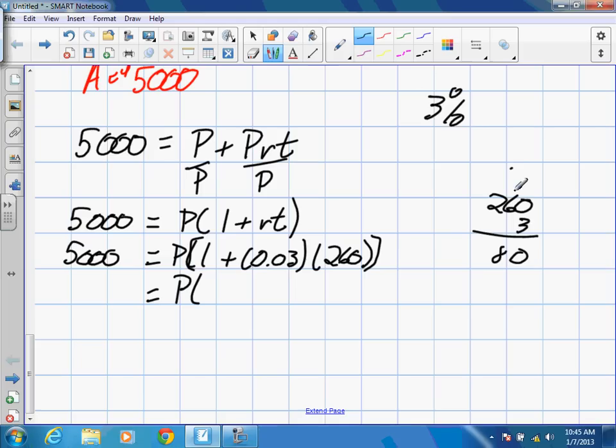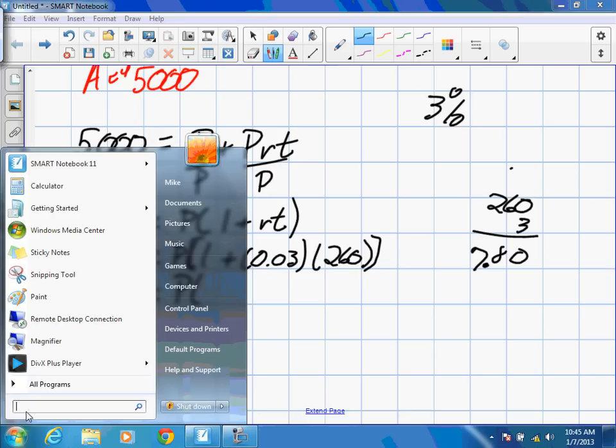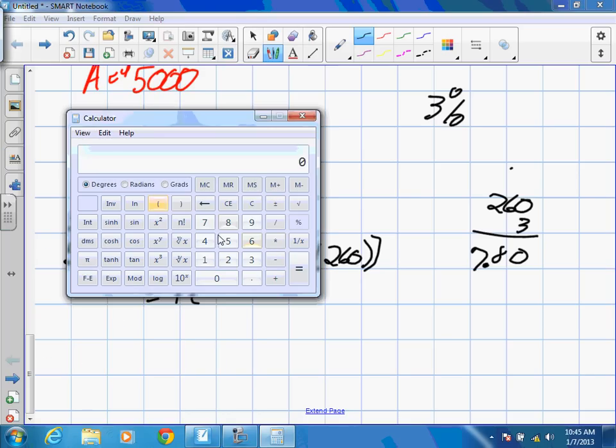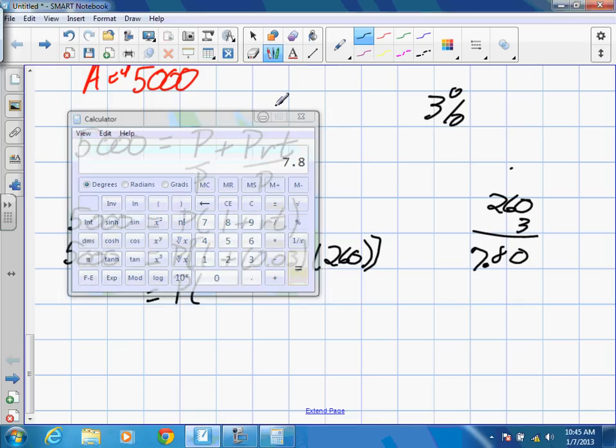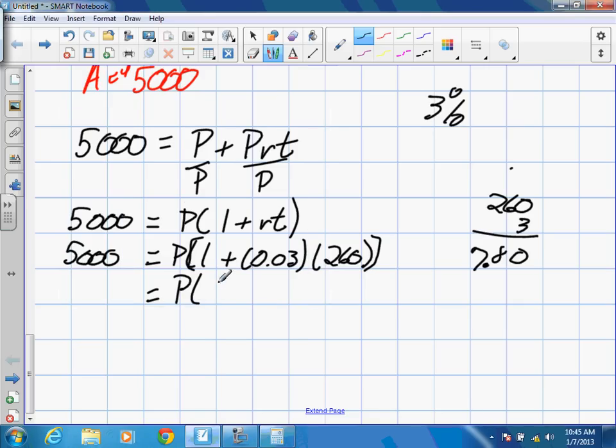I think it's 7.8, is that right? Let's get a calculator. See how great we are here. 260 times 0.03. Yeah, it is 7.8. So, we have 1 plus 7.8. Okay, that's what 0.03 times 260 was. What's 1 plus that? 8.8.